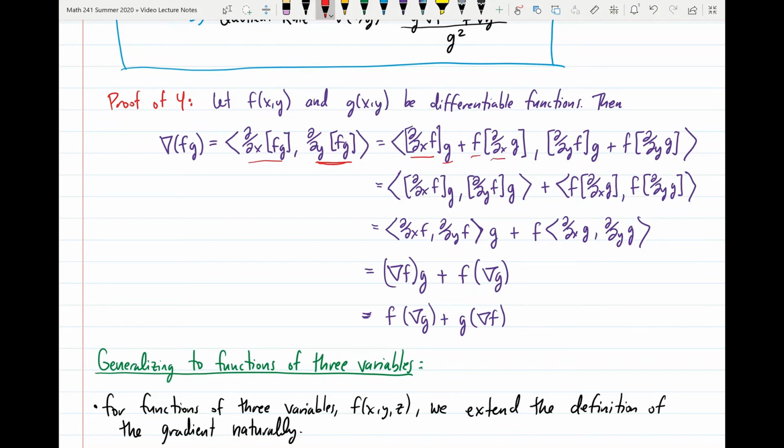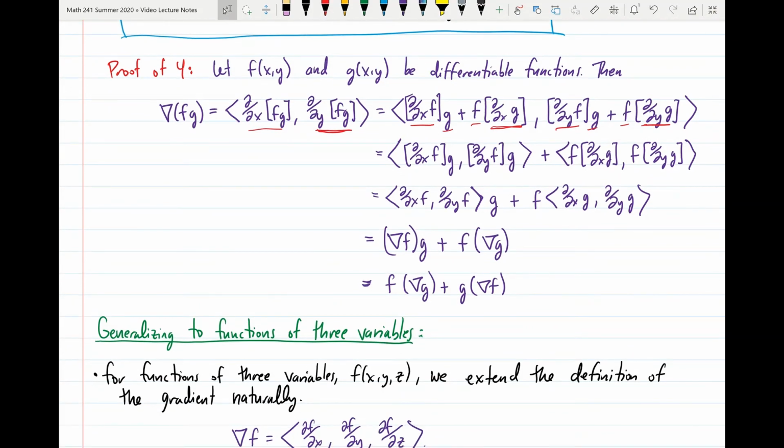So again, this is just using the product rule that we already have for partial derivatives. And for the j component, we expand in the same way. So we get the partial derivative with respect to y of f times g plus f times the partial derivative with respect to y of g. And now we can notice that this vector can be written as the sum of two different vectors.